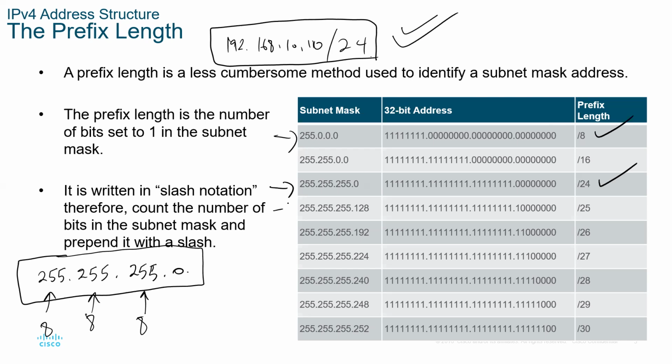If I have 255.255.255.128, what does that mean? You can see there are 24 here to represent 255, 255, 255. But there's an extra one here, 128, representing this one. That extra one gives you a total of 25.